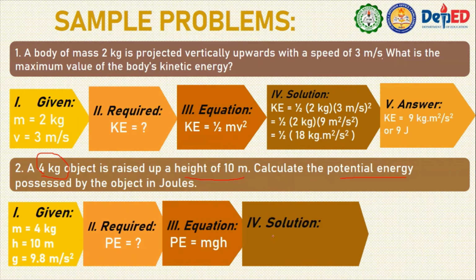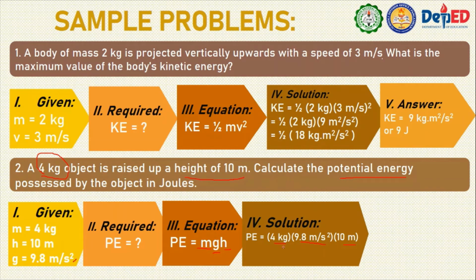Then next step, solution. We are going to substitute the given to the equation. So PE or potential energy is equal to M. The value of M or mass is 4 kilograms. The value of G or gravity on Earth is equal to 9.8 meter per second squared, and the value of H or height is equal to 10 meters.